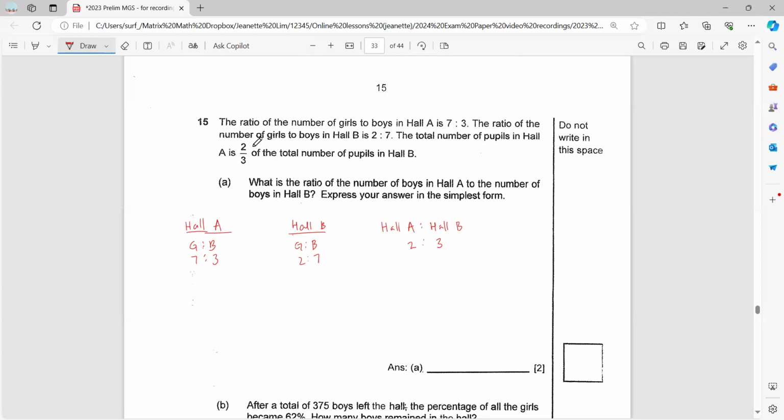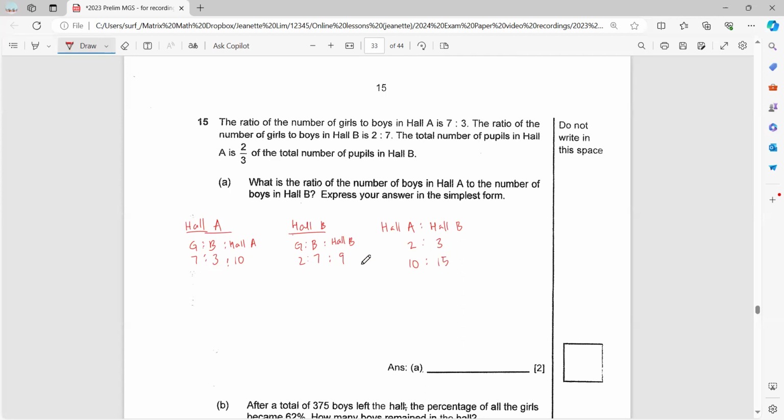Okay, common base. The common base is the total of hall A and hall B. So hall A has a total of 10. Hall B has a total of 9. To make hall A the same, this one has to times 5, get 10, 15. Then hall B, this is a 9, but this is a 15.